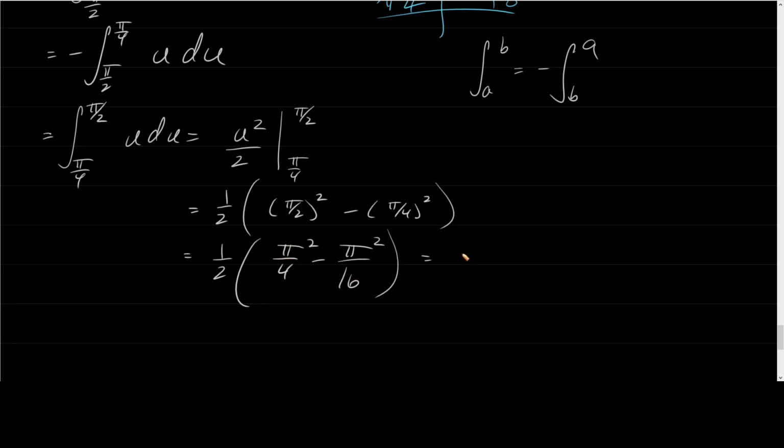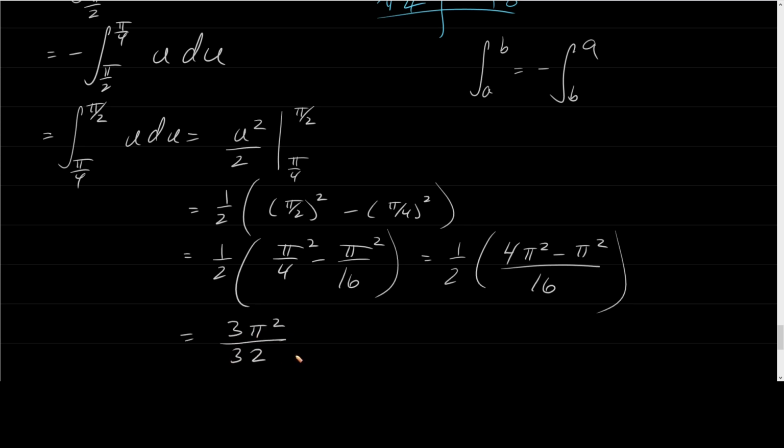So this is really 1/2 times 4 pi squared minus pi squared over 16. I skipped a step in my head there. And then 4 pi squared minus pi squared is 3 pi squared. So I end up with 3 pi squared over 32 as my final answer.